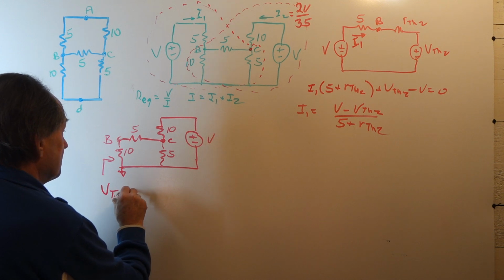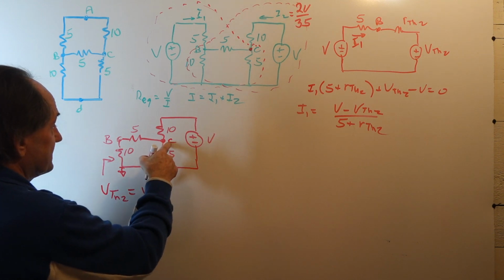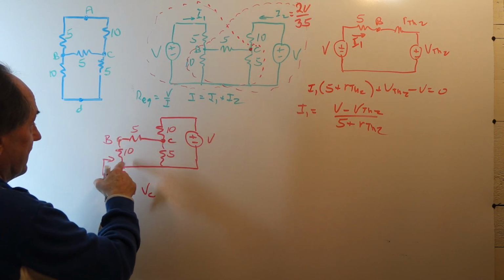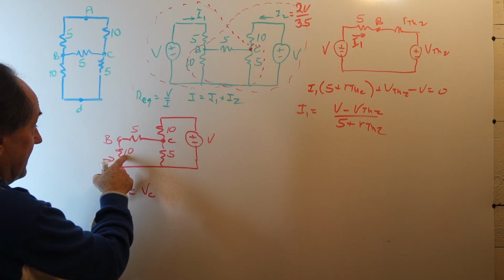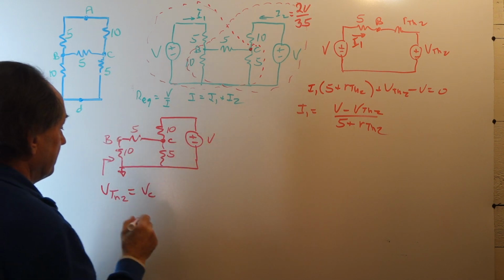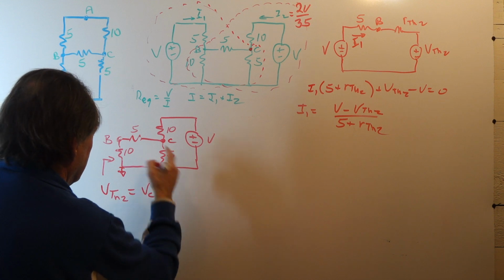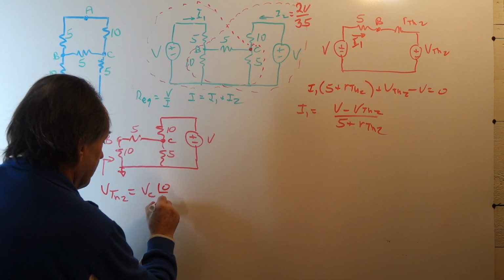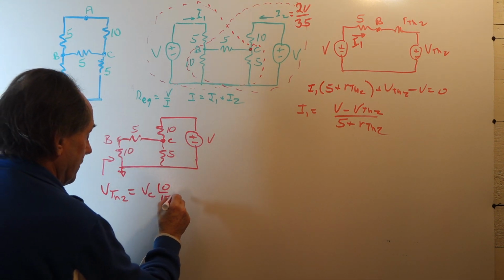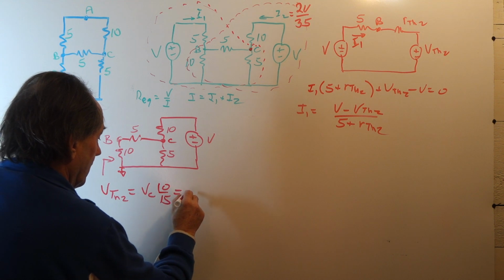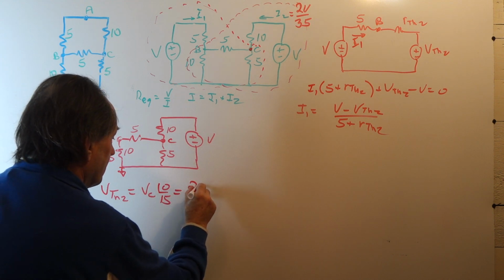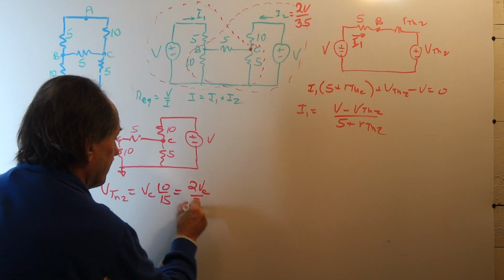So VTH2 then will be the voltage at C times the voltage divider. Well, the voltage divider here is 10 over 10 plus 5, so that's 10 over 15, or 2 VC over 3.